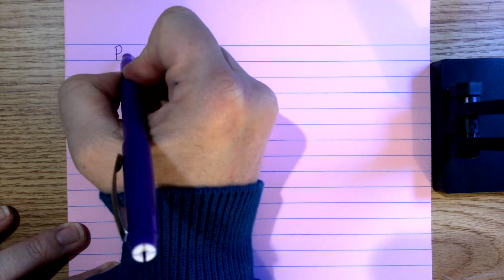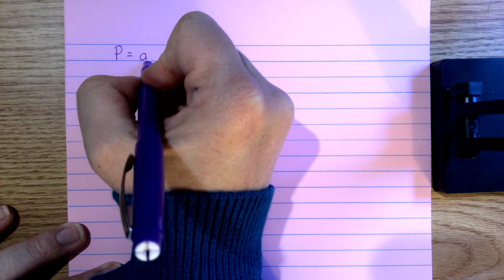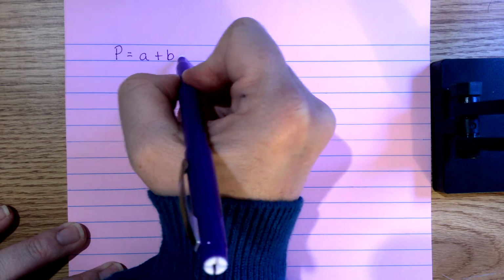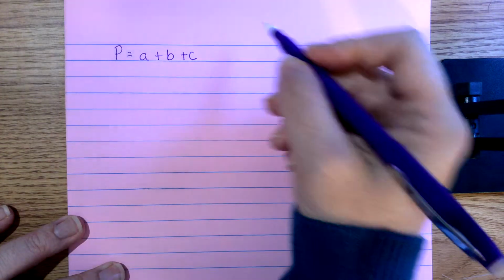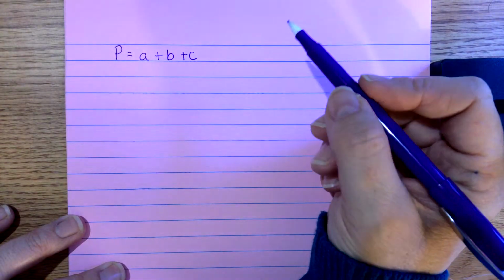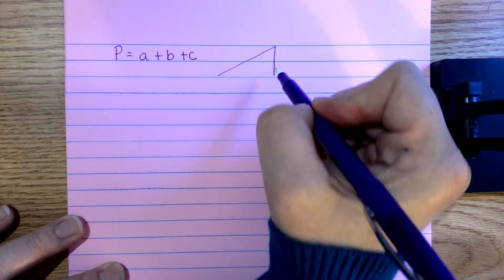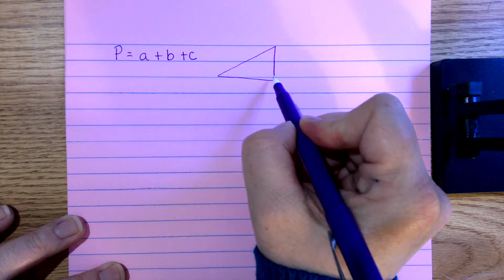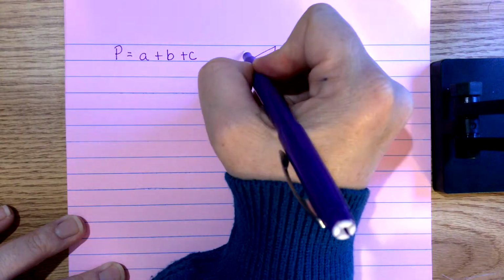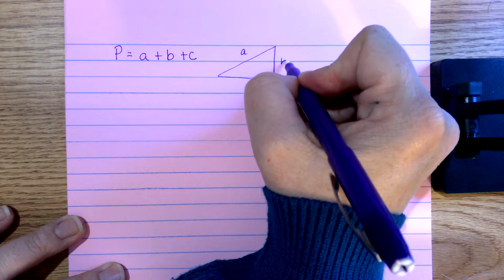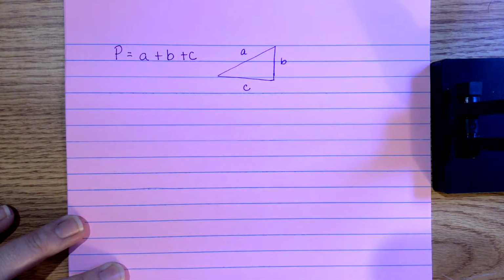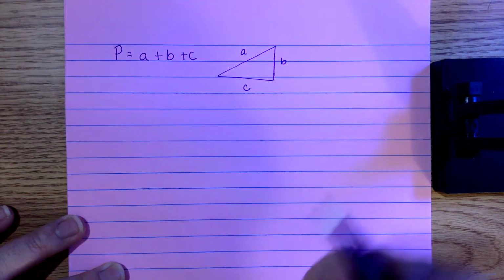A triangle has three sides, so you might see perimeter listed like this: A plus B plus C. Again, you might see it as side plus side plus side, but ultimately, if you have A, B, and C, you're just going to add up the length of each side.